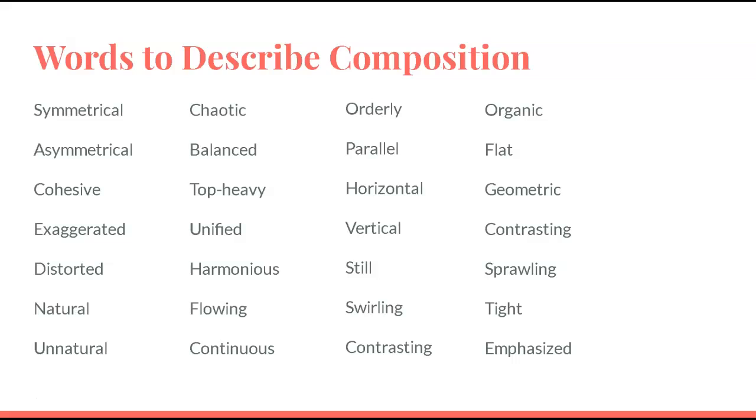I think I did contrasting a second time. My bad. Sprawling, tight, and emphasized. Make sure you are using specific adjectives, specific language to describe the way a piece is organized. It's going to make your description much clearer.